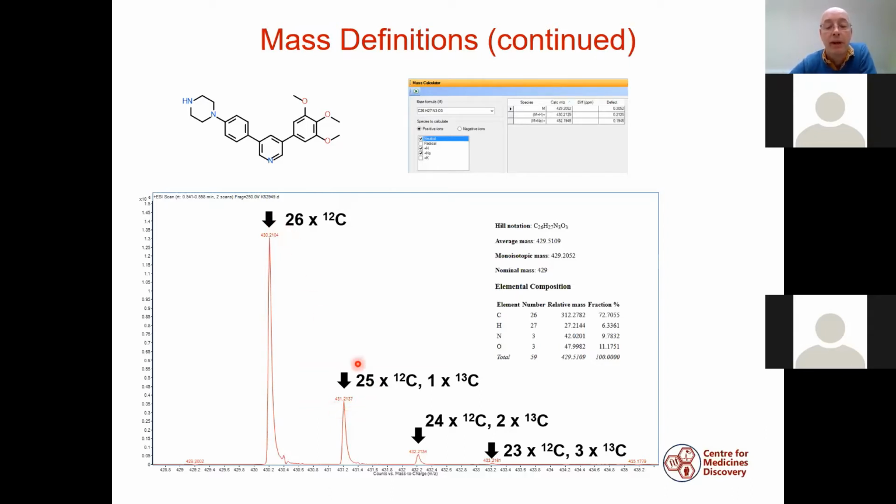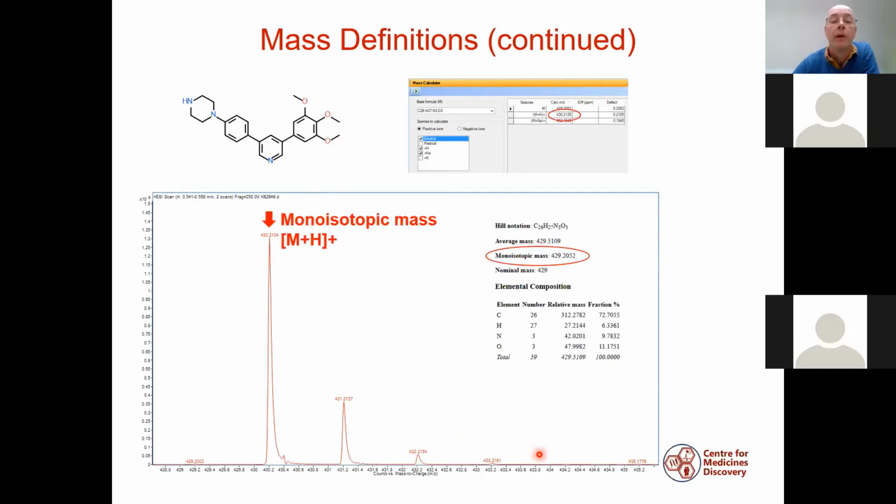This peak represents the same compound where there are 25 atoms of carbon-12 and 1 atom of carbon-13. This peak, obviously, 24 carbon-12 and 2 carbon-13s, and so on. So this is the monoisotopic mass for this compound, and as you can see, this is the protonated mass.